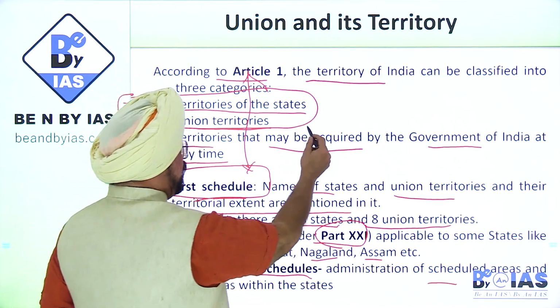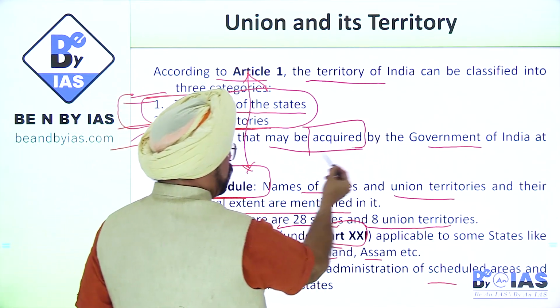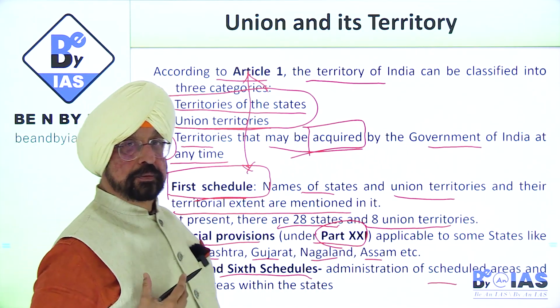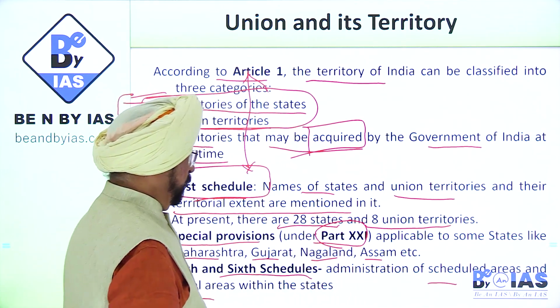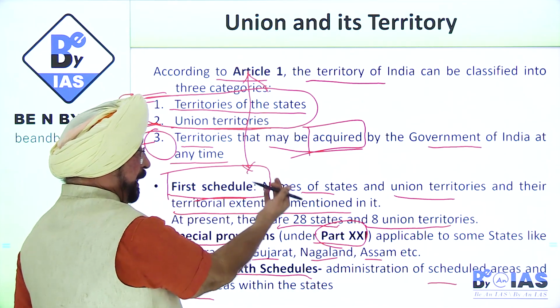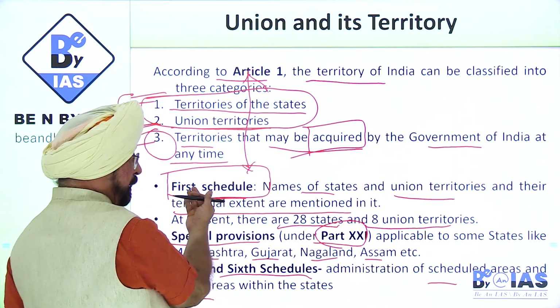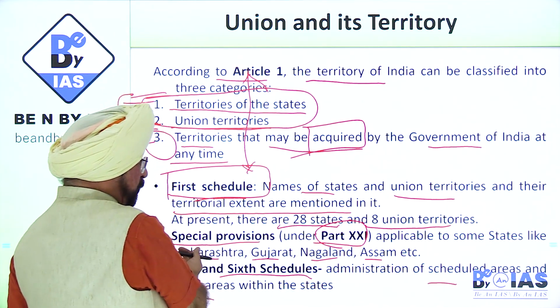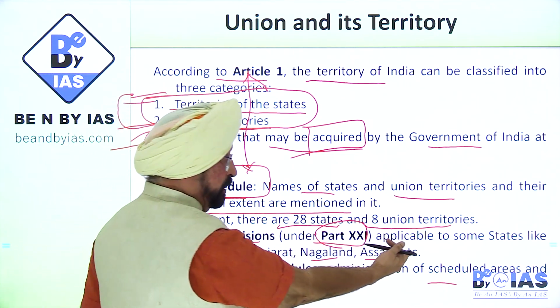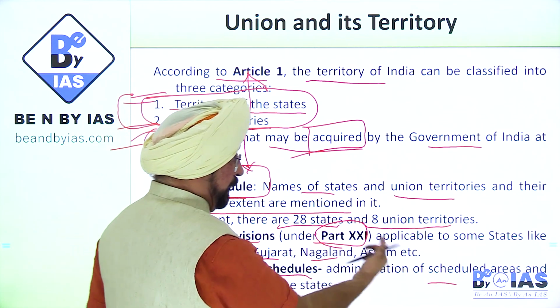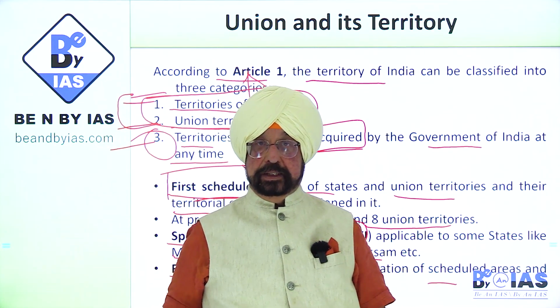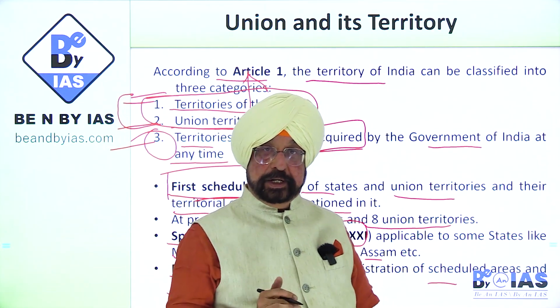Now, acquiring a territory, I have already told, is the sovereign function of any state, any nation. So, where do these names and territories appear? In the first schedule, some special provisions for some special states, and fifth and sixth schedules regarding the scheduled areas and the tribal areas within the states.